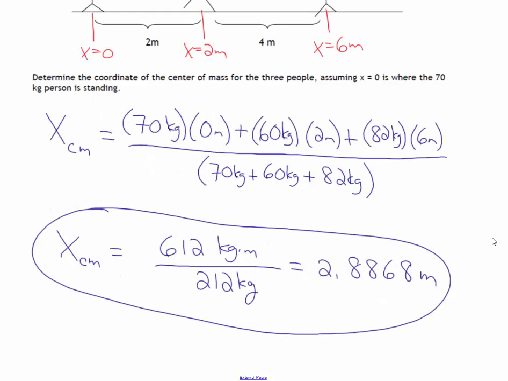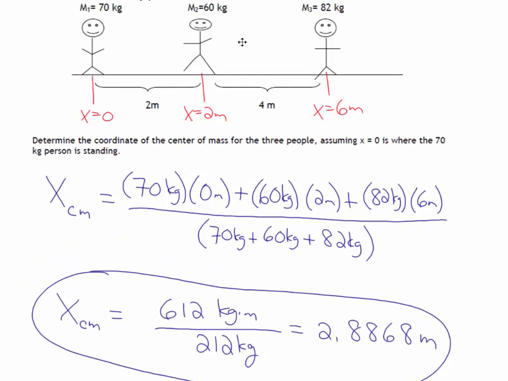That gives us 612 kilogram meters in the numerator and 212 kilograms in the denominator, which gives the center of mass of 2.8868 meters. That position of the center of mass is a little bit to the right of that middle person.